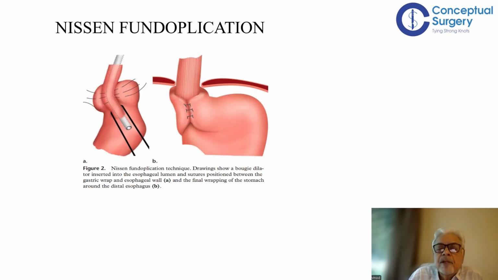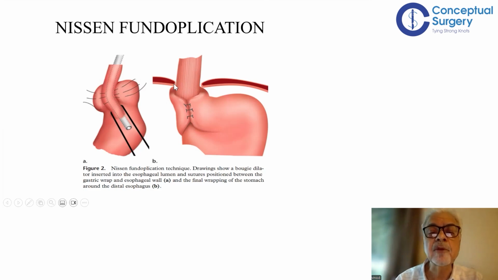So our wrap should be around the esophagus. A wrap which is lower down will be a reason for failure of this operation. And now this fundus has been wrapped around the terminal 2 to 3 centimeter part of the esophagus.